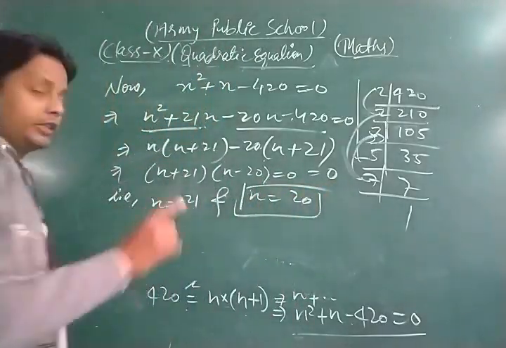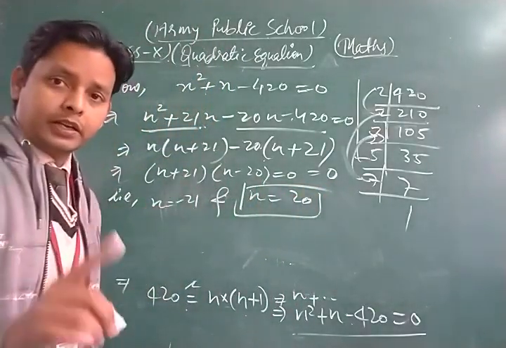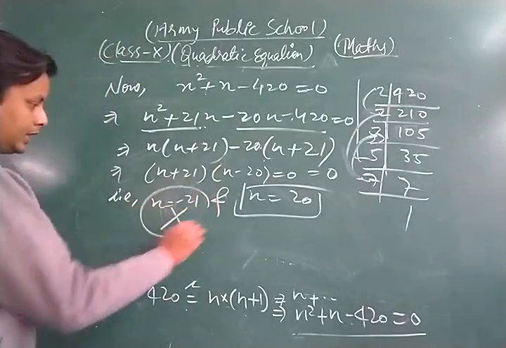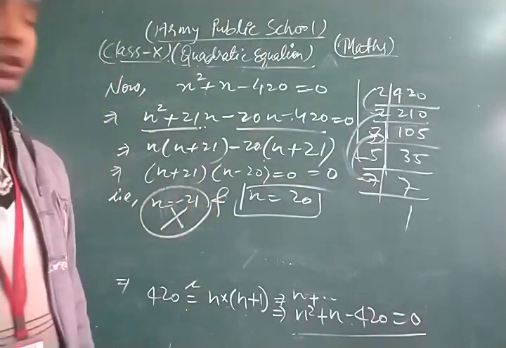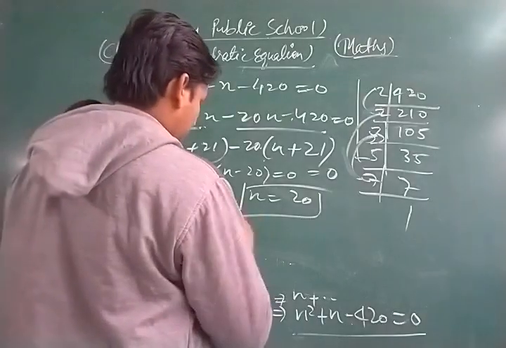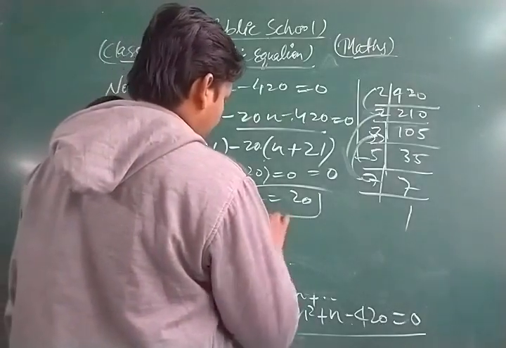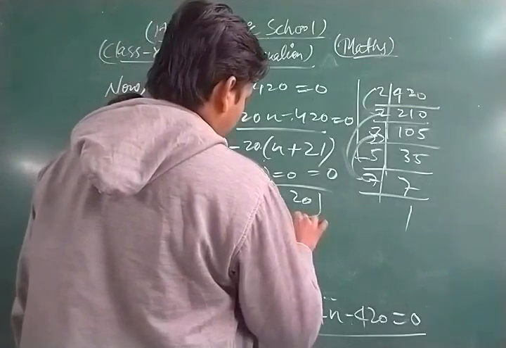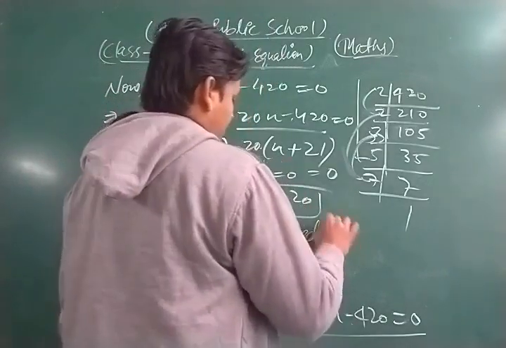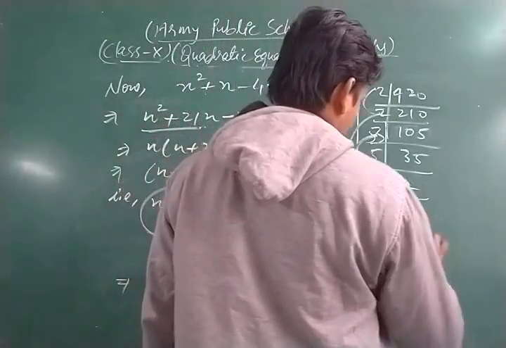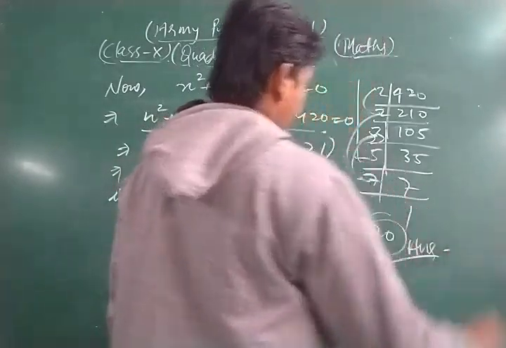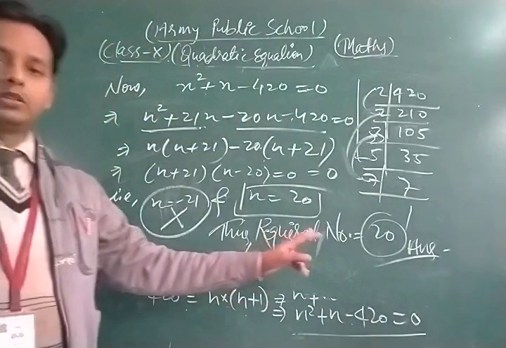But n is a natural number, and a natural number is not negative, so we don't take n is equal to minus 21, because a natural number is always positive. Thus the required number is 20. This is the required solution of the given question.